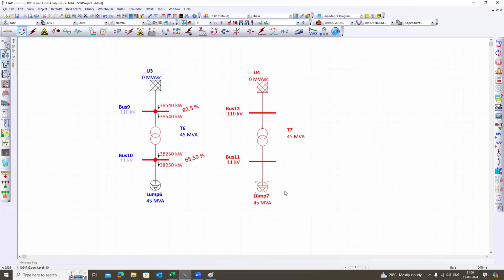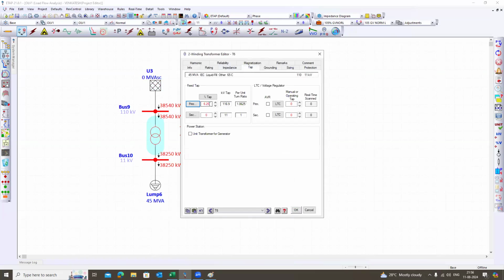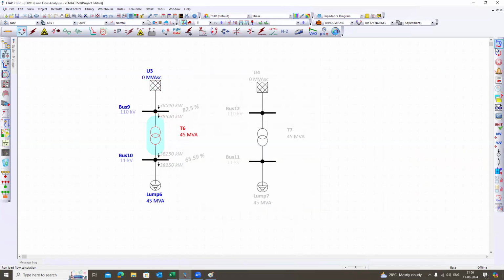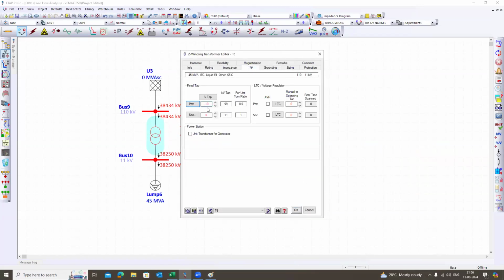Here the bus voltage is 65.59%. The tap is 6.25%, so instead of that, let me put minus 10% tap and see how it will be. It is 82.52, so even with minus 10% tap we are not able to maintain. Let me increase it to 12.5%.